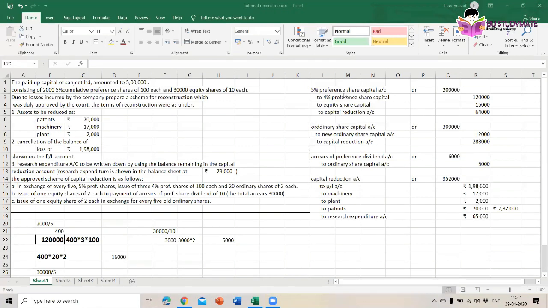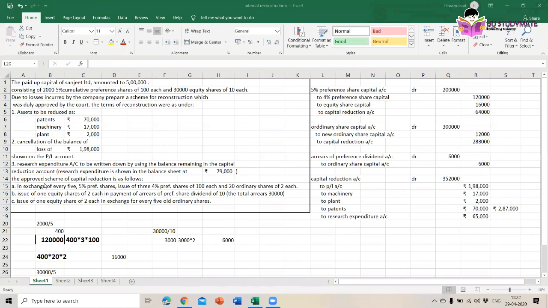See, first and second journal entries. Here in A, what they have given is that in exchange for every 5% preference share, we are issuing 4% preference shares of rupees 100 each and 20 ordinary shares of rupees 2 each. For the calculation of the 1,20,000, I already explained yesterday how we got 1,20,000, and for the 20 ordinary shares of rupees 2 each, how we got 16,000 rupees.